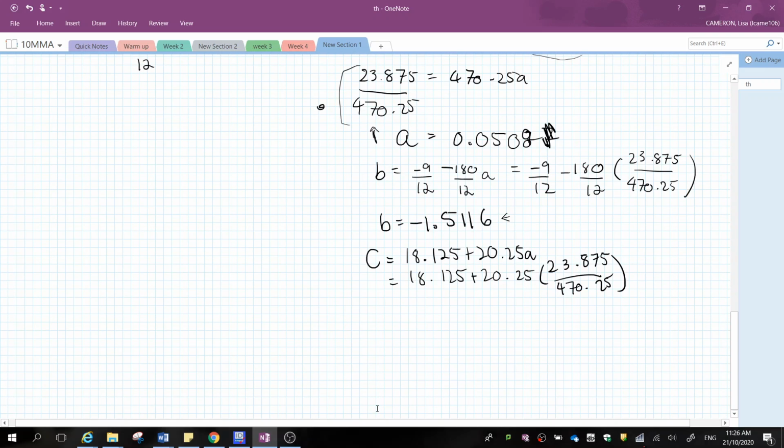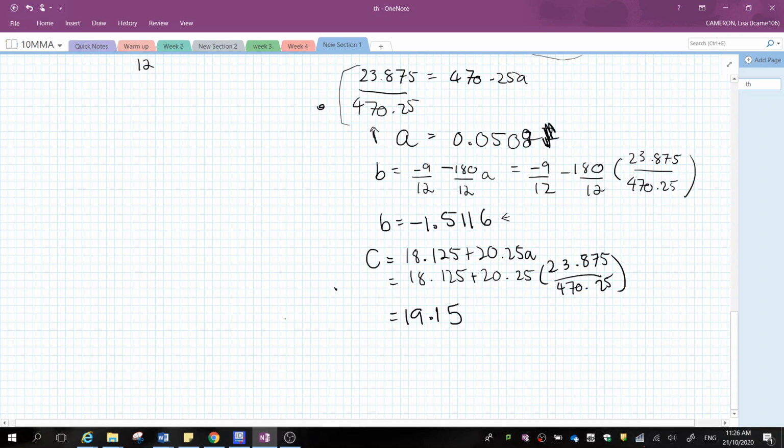So I'm punching that in the calculator now. Okay, so C is equal to 19.15. Now, if you did have a y-intercept, there's going to be a lot less working for you because you can let x equal 0 and then you find C straight away. So that means you cut out a whole heap of working. You only have to solve for 2 different variables as opposed to 3.